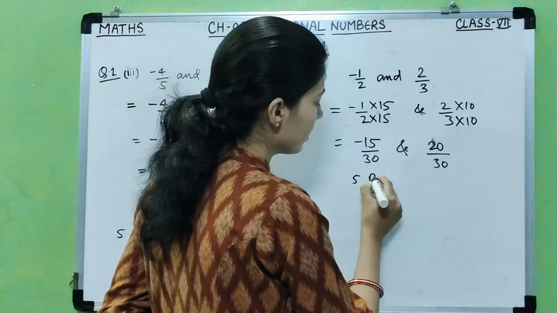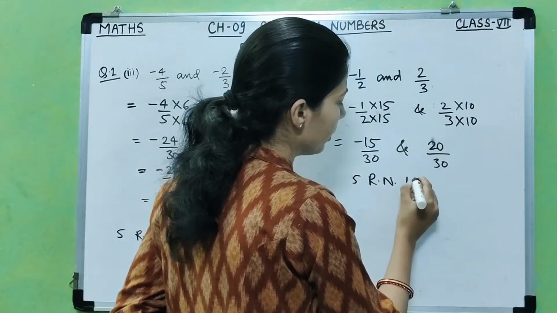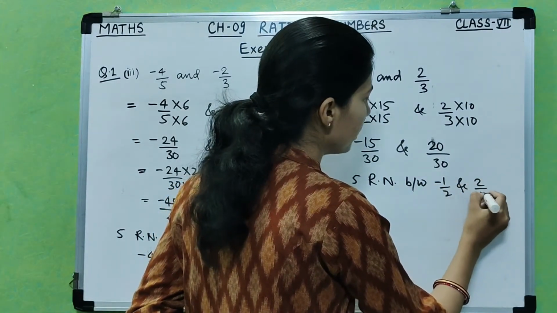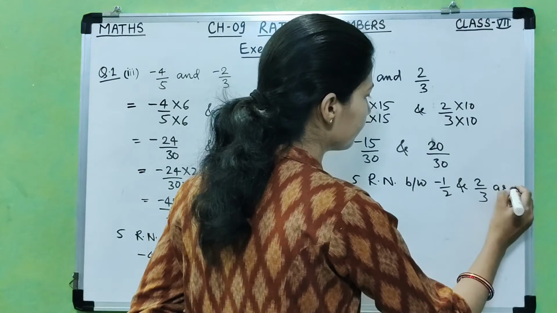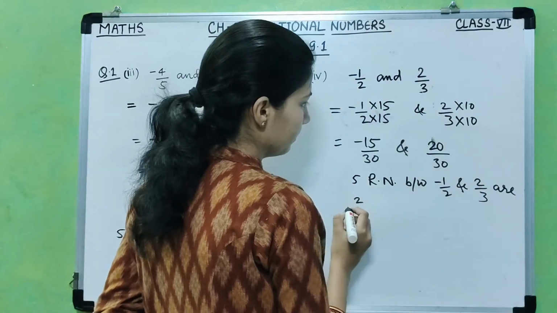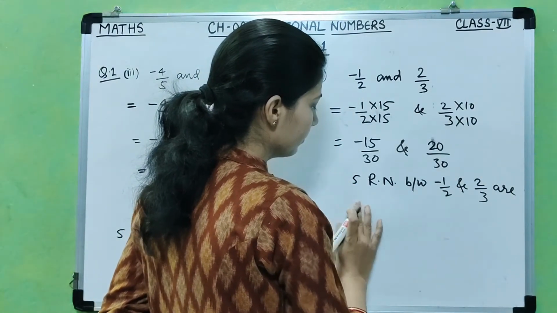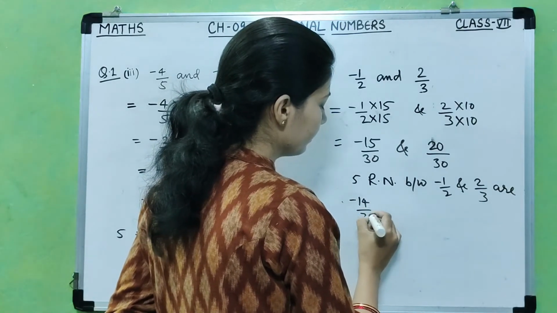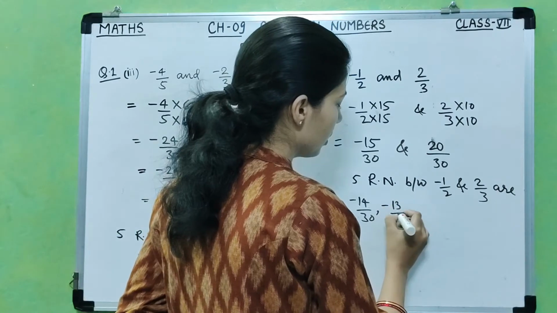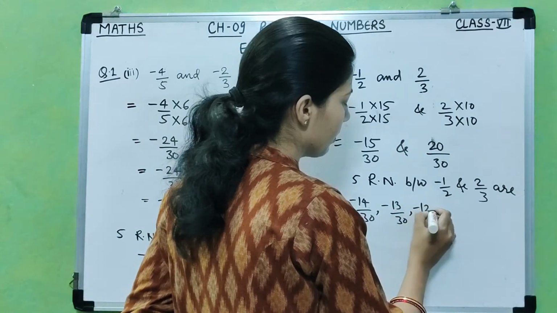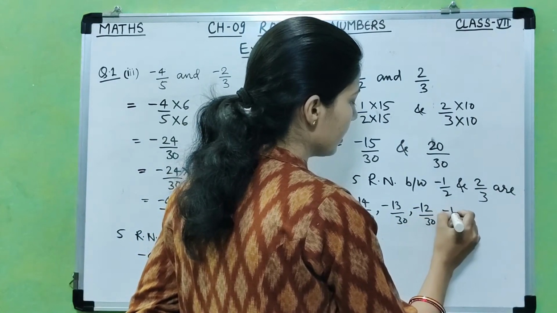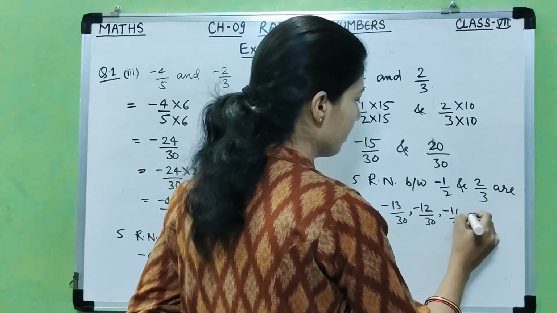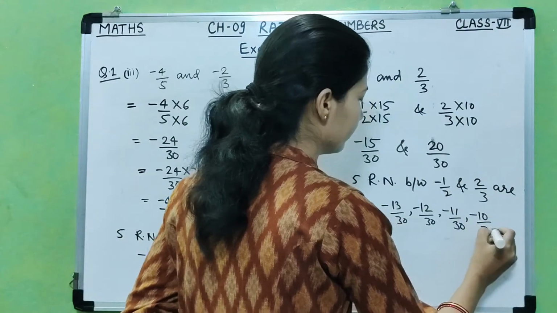So 5 rational numbers between -1/2 and 2/3 are -14/30, -13/30, -12/30, -11/30 and -10/30.